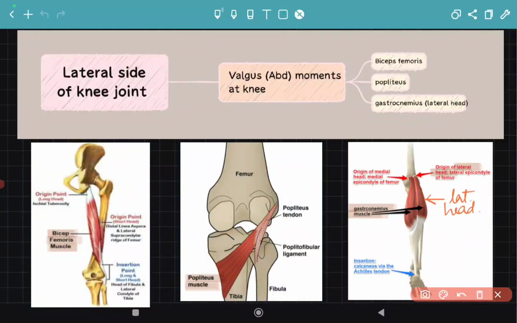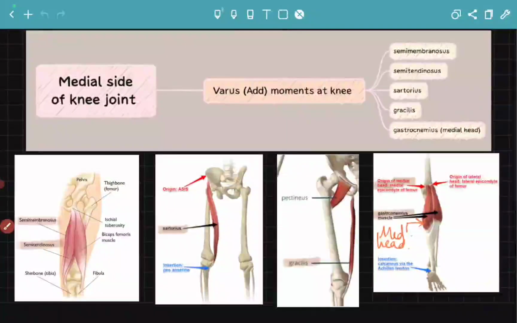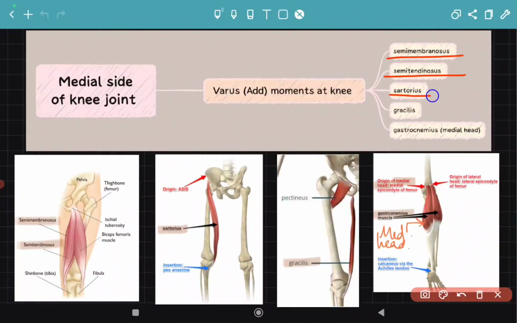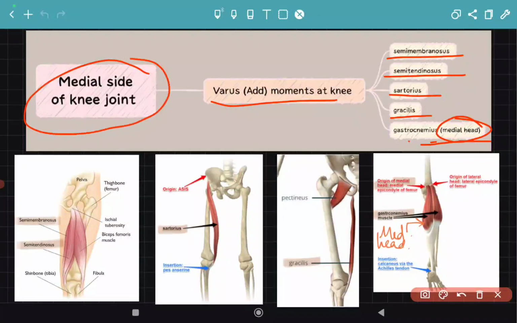In the same way, let's now see the next one, varus or adduction movements at knee joint. By which muscles? Semimembranosus, semitendinosus, sartorius, gracilis and gastrocnemius, only the medial head in this. As they are producing varus movements, they are located at the medial side of the knee joint. We can appreciate semimembranosus and semitendinosus at the medial side of knee joint, producing varus or adduction movement at knee joint.